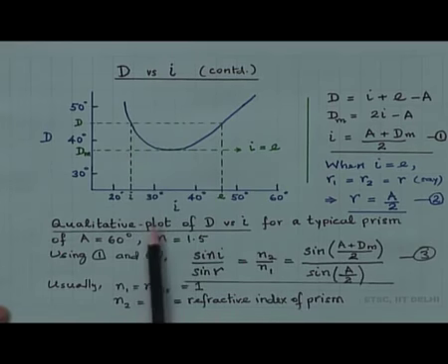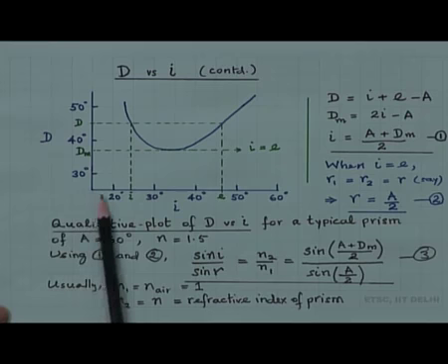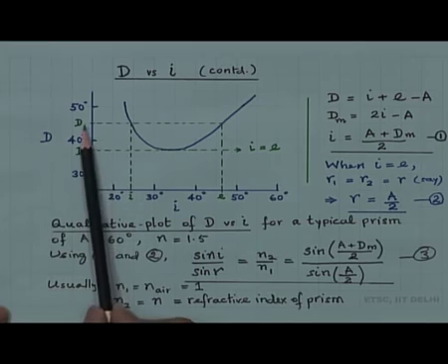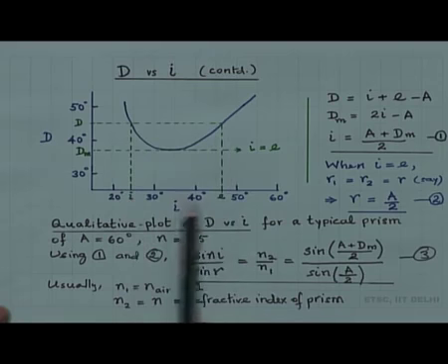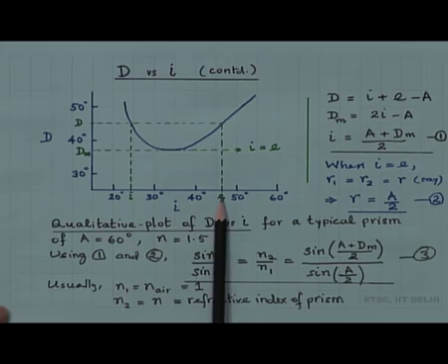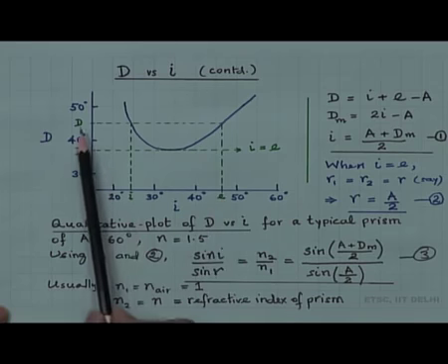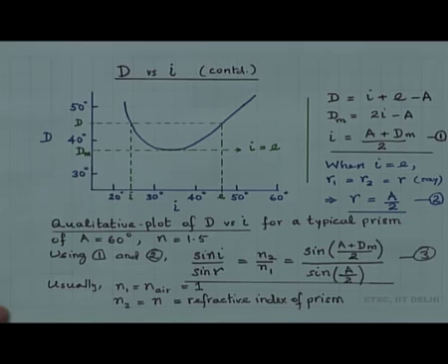What is to be seen is, as I increases, for any value of D we can see that there are two values of the angle of incidence. When this is I, this will be E, and when this value is I, this will be E. So, for each value of D, there are two angles of incidence.